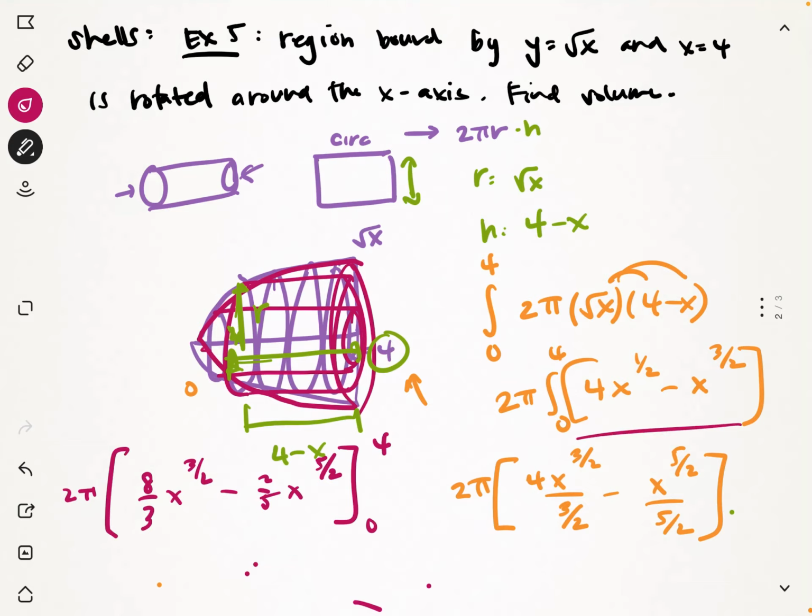Okay, so times the integral from 0 to 4 of 4x to the 1/2 minus x to the 3/2 dx. And then we end up with 53.61.